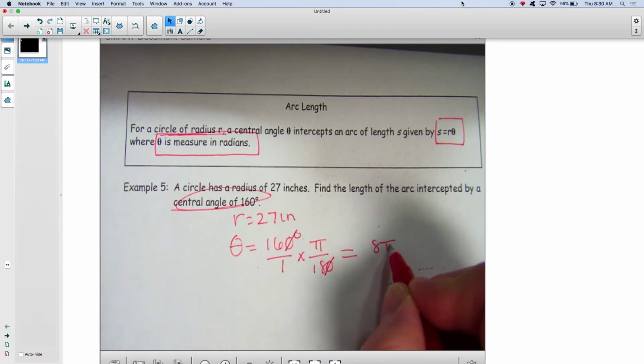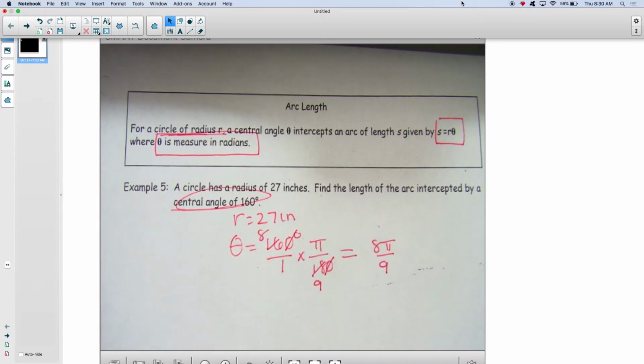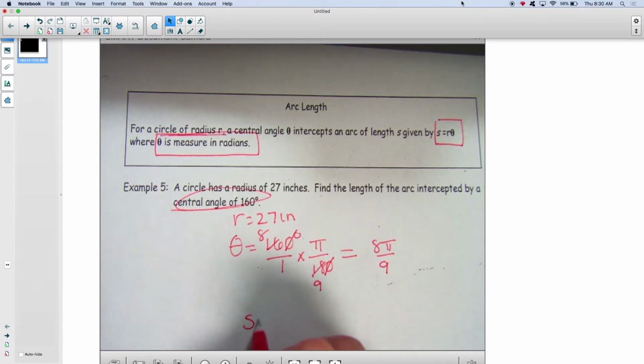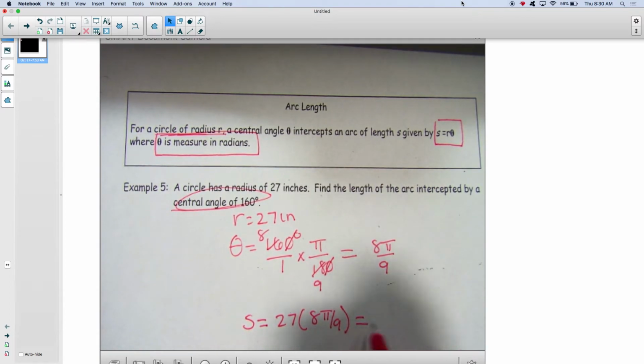So is that 8 pi over 9? Divide them both by 2. So our arc length is going to be 27 times 8 pi over 9. Put that into your calculator.